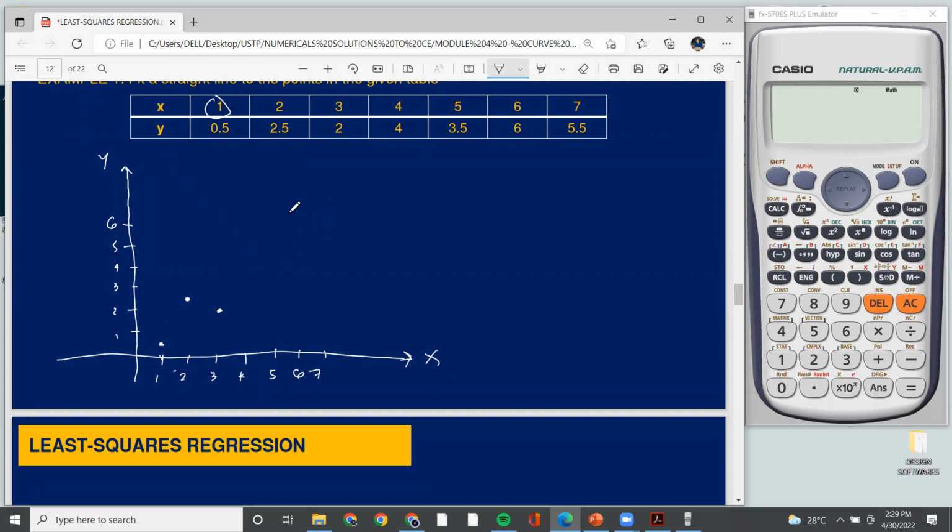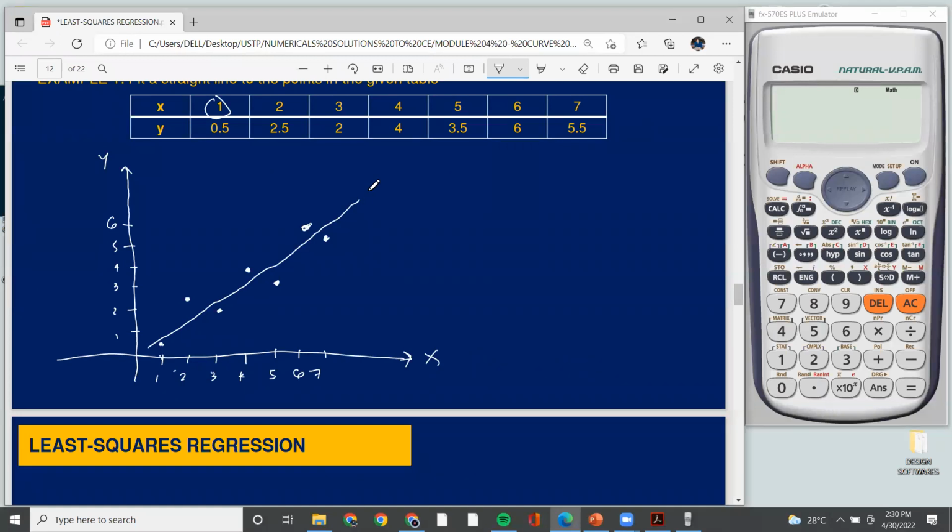So, atong buhaton, i-fit nato siya, may gitawag curve fitting. Okay? So 4, x is 4, y is 4. And if x is 5, y is 3.5. Now if x is 6, the y is 6. If 7, 5.5. Okay?